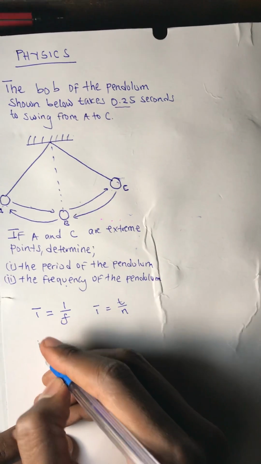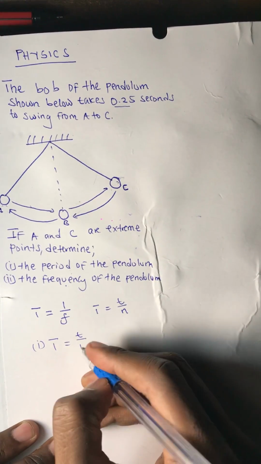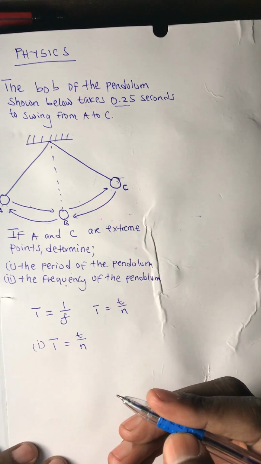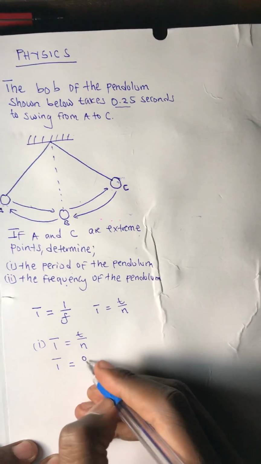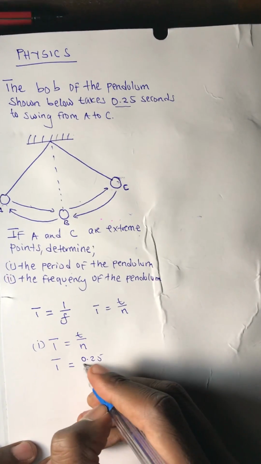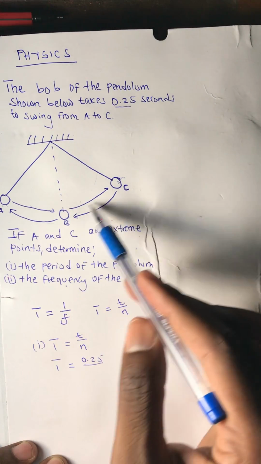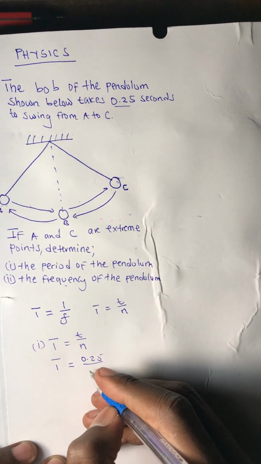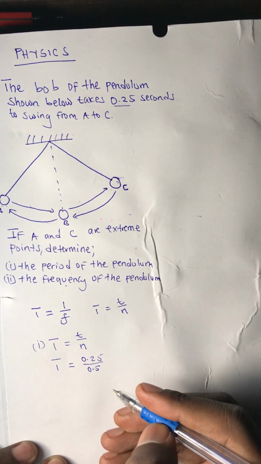So this is the formula that we're going to use to find the period of the pendulum. The period is equal to the time over the number of oscillations. So the period will be equal to the time, 0.25, over the number of oscillations from A to C, which are 0.5 or 1 over 2.